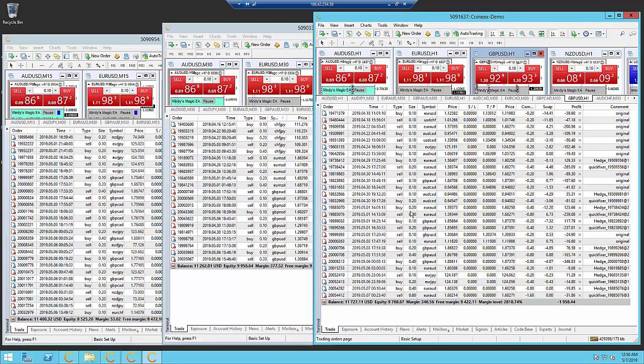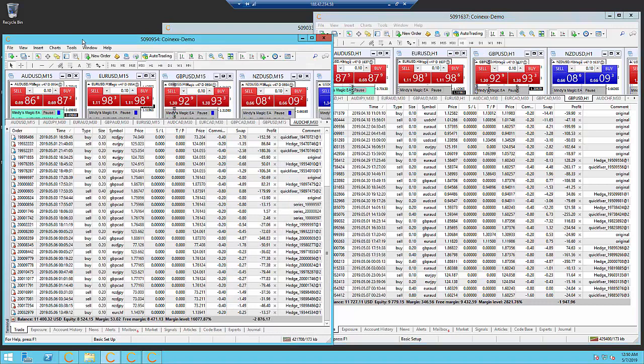Okay, so when it does stop taking new trades, what happens is, if you look over here on this account to the left, this blue block will appear on the charts if the account has reached its maximum limit of either how many trades you're willing to take or how much negative PL you're willing to see in your account.